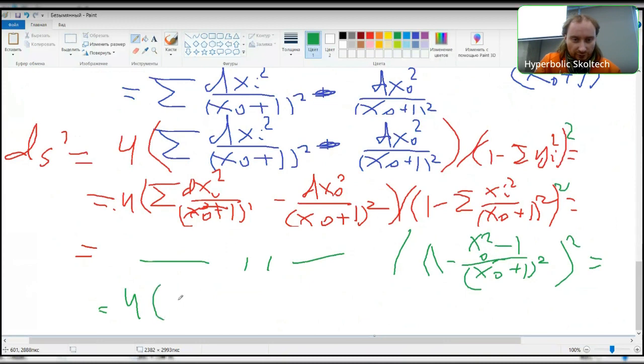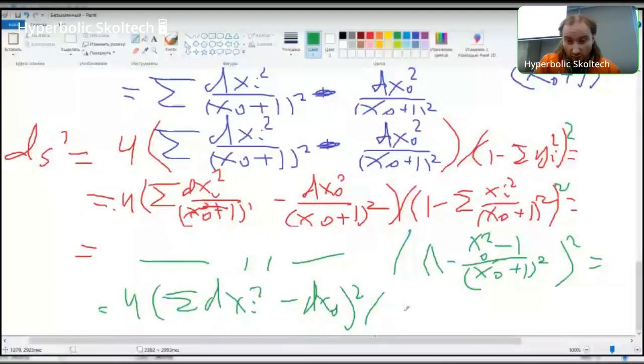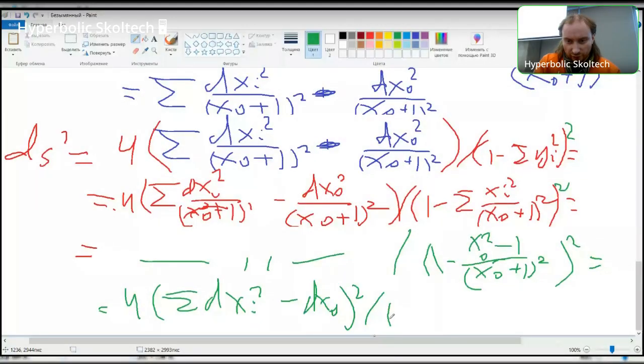So here we have something like this thing, and here we have something like 2x0 plus 2. Wait. No. This is first of all squared, and divided by x0 plus 1 squared.